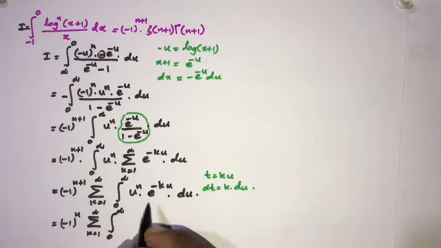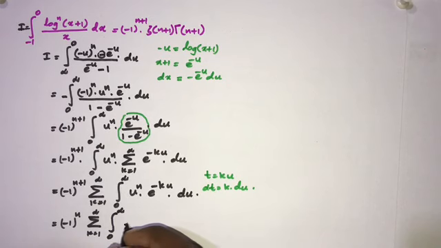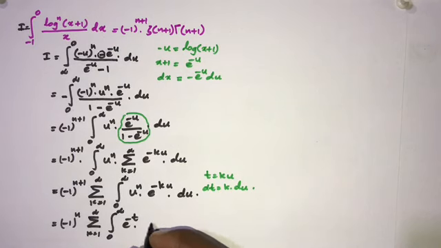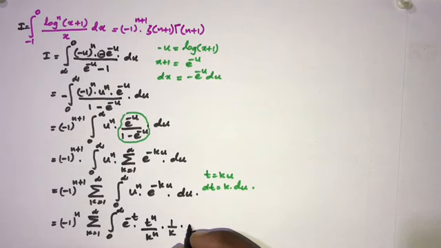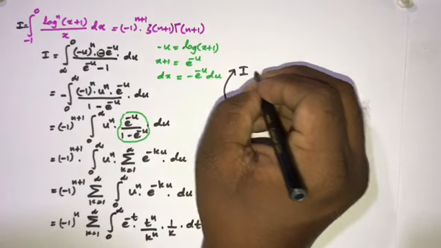Now e^(-ku) becomes e^(-t), and u^n, where u is equal to t over k, so t^n over k^n, and du is equal to 1 over k dt.